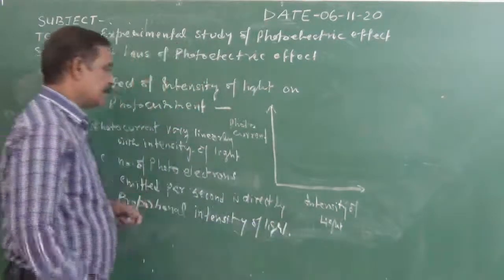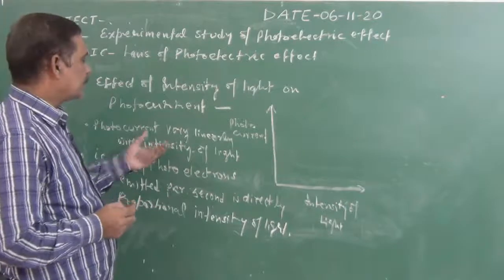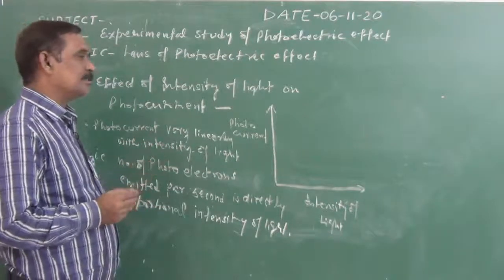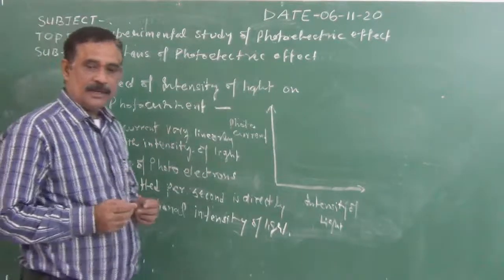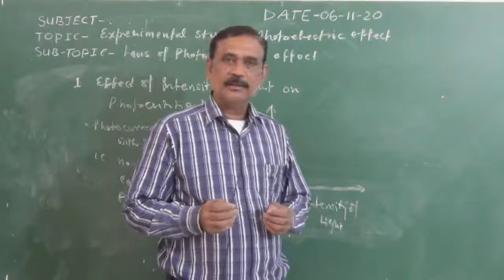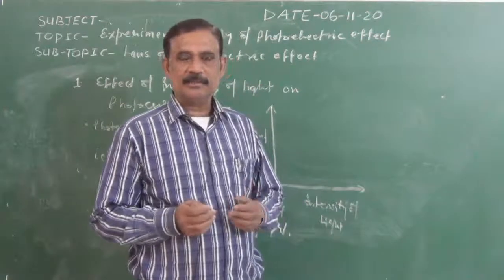It means the number of photoelectrons emitted from the metal surface depends on the intensity of light. When the intensity of light is more, the number of electrons emitted from the metal surface will be more.